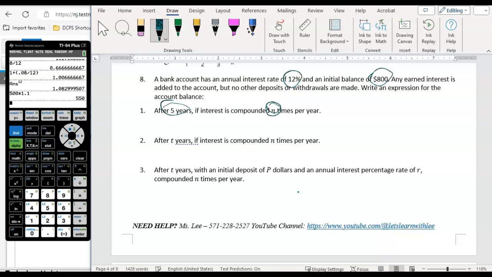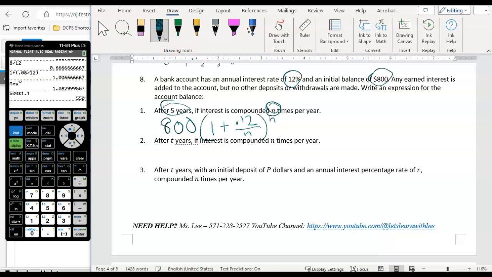All right, so if we have 800 and then it is compounded multiple times in 1 year, then we are going to be looking at multiplying that 12% divided by that number of times. So 800 times 1 plus 0.12 divided by n, to the nth power.